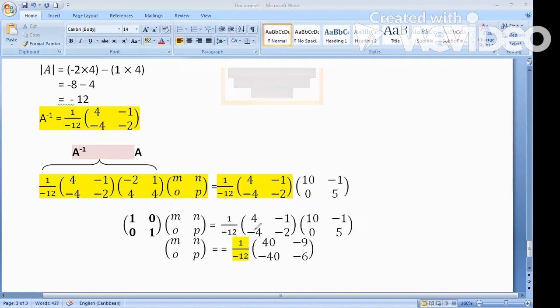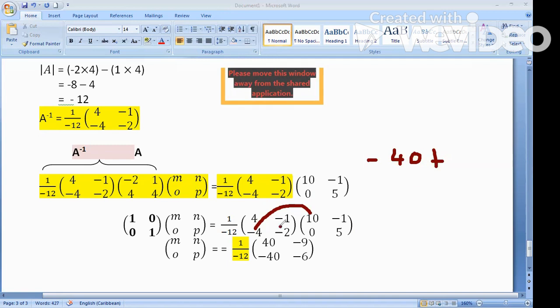And this one is -4 times 10, which is -40, plus -2 times 0, which is just 0. So it's just -40. All right. Any questions? Is there anything unclear?